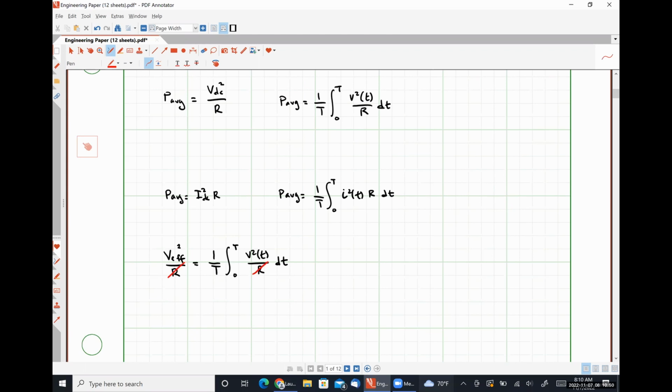The value of the resistor that we're finding the power absorbed by doesn't actually matter. And now it's pretty trivial to figure out what the effective value of the periodic voltage waveform is.